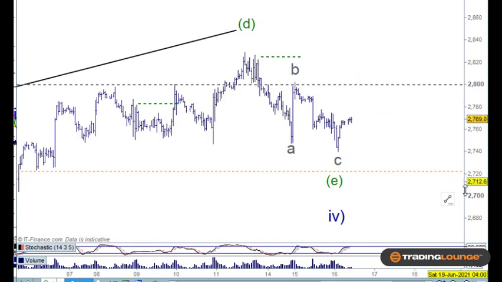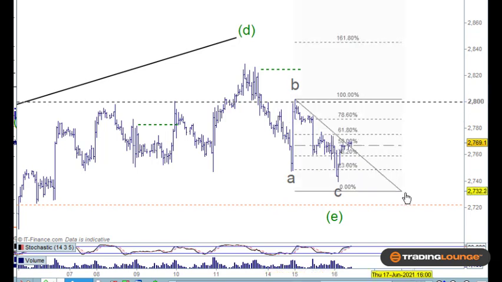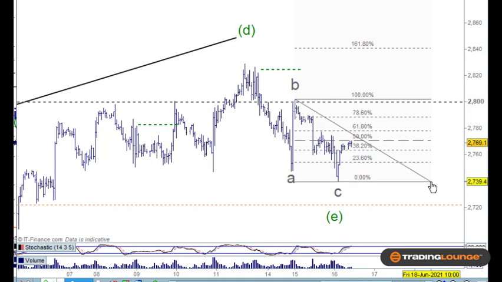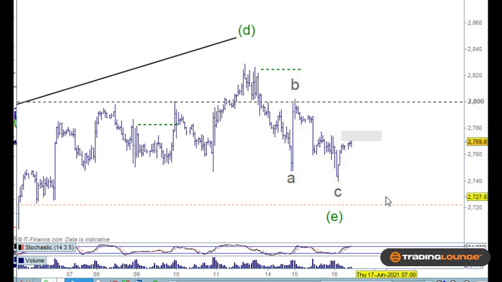Now, one way to look at this, I guess, is what's the risk to the downside? Well, the risk to the downside would be that if we took this leg here and looked at its 50-60% retracement level, which is here, because this would be down for 1, back for 2, down for 1, back for 2, down for 3.